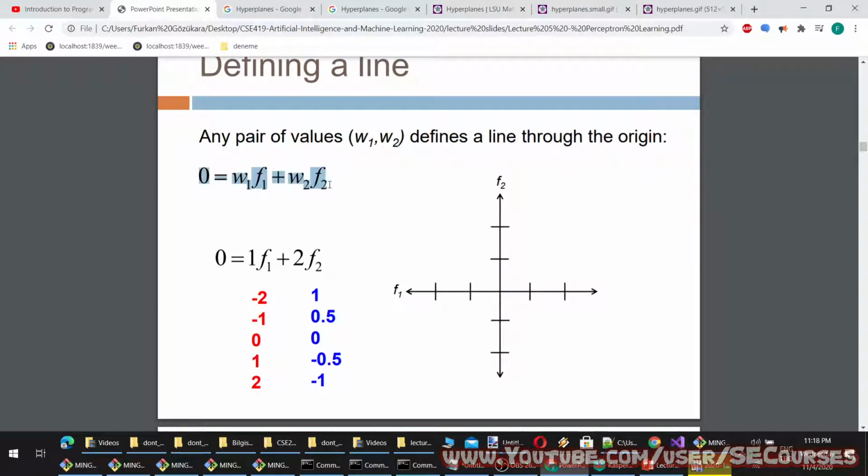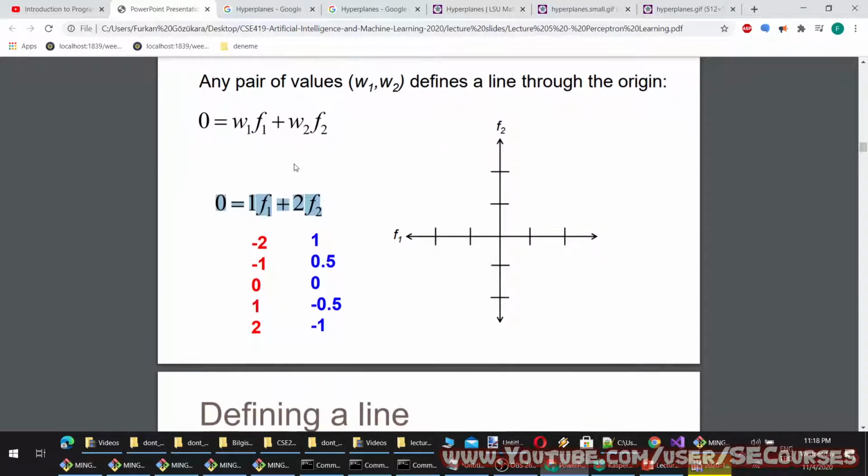So if this is the function and these are the weights, how would the lines be? If W1 is 1 and W2 is 2, for F1 of minus 2, what would be the value of F2? It would be 1. For minus 1 for F1, what would be the value of F2? It would be 0.5, because this is the formula.